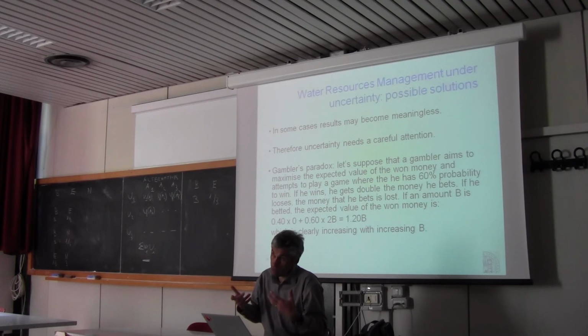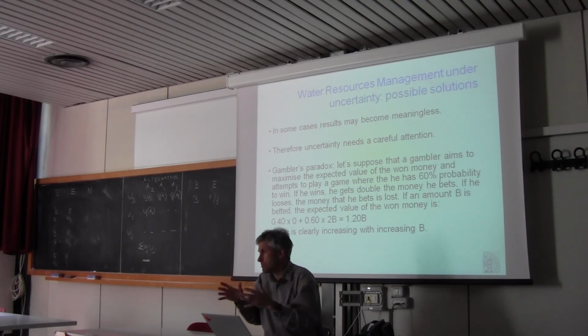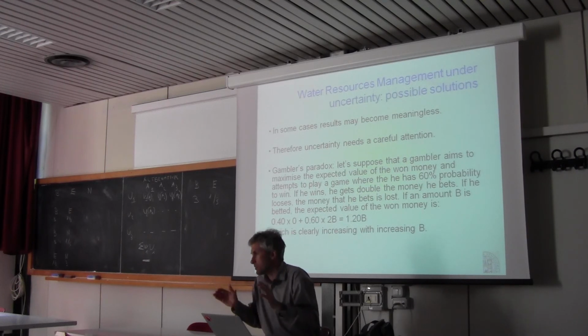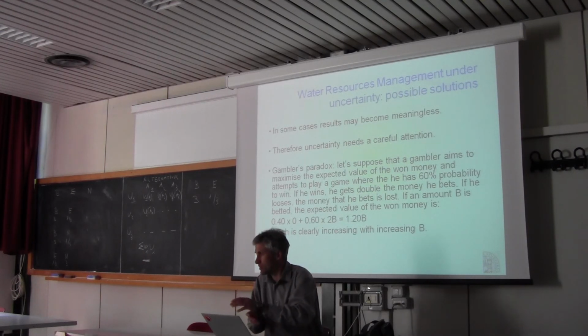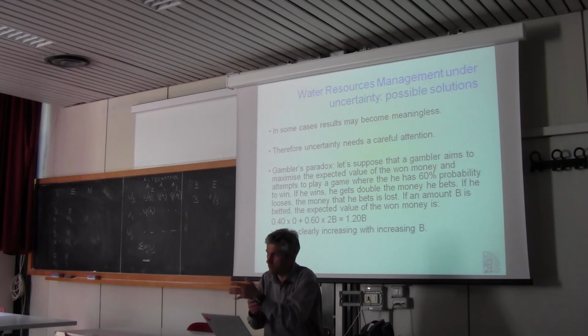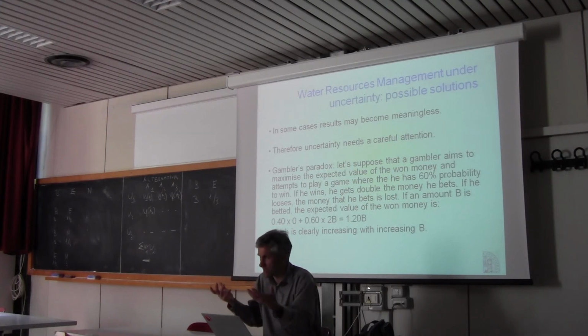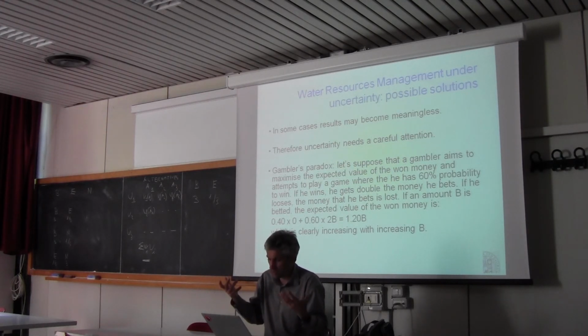So, what would be your perception? Your perception could be, I don't play the game because I don't want to gamble. Okay, let's exclude this situation. Given that you have a 60% probability to win, it's wise for you to bet. And then you have to take this decision. A decision could be, let me maximize the expected value of the money that I win.